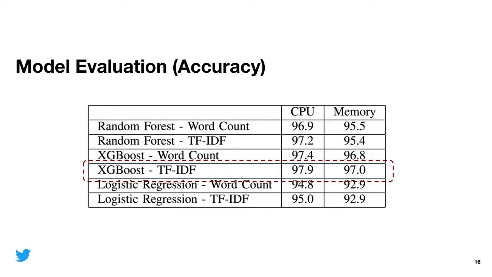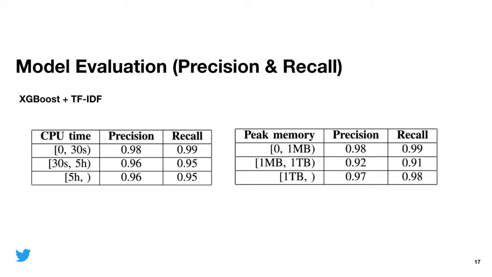But here, we would like to say that accuracy is a pretty good metric to evaluate a model, but it is not the only one. Especially considering the ranges for the CPU time, there are some imbalanced classes there. So overall accuracy won't be enough to evaluate the models. So additionally, we also introduced the evaluation of precision and recall for the XGBoost with TF-IDF approach.